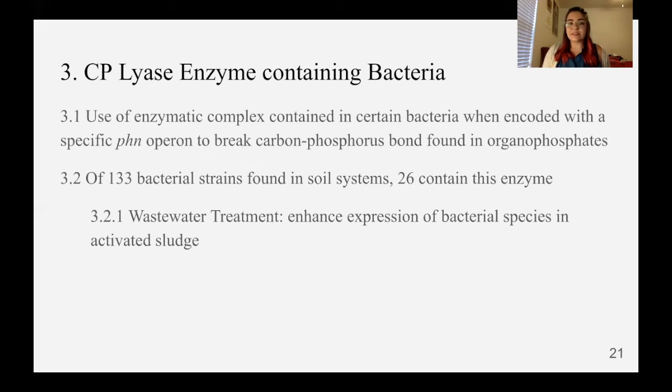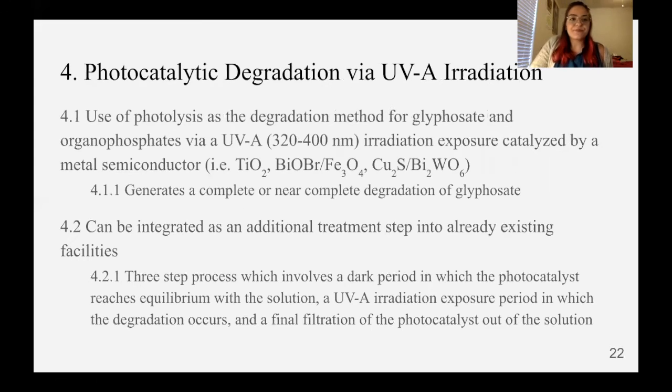This can be very effective, and these enzymes are contained in 26 of the 133 bacteria found in soil systems, and 24 of these 26 are also capable of degrading AMPA. For wastewater treatment facilities, we would consider just enhancing homologs inside the already existing activated sludge to enhance the bacteria that contain these enzymes, and the enzymes themselves, to increase the degradation in that wastewater stream.